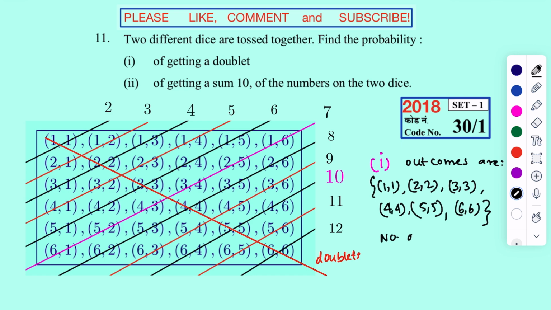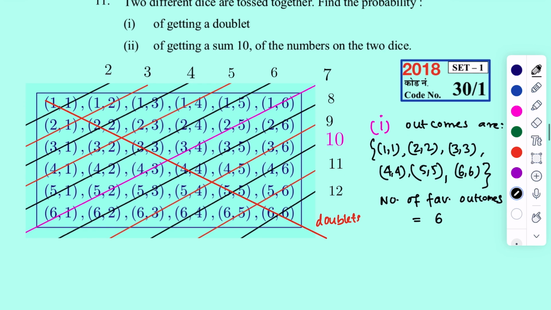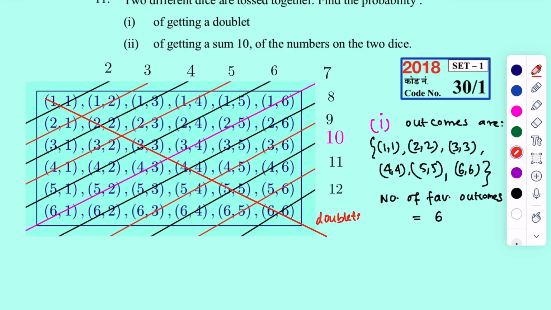So the number of favorable outcomes will be equal to 6. And here the total number of outcomes, if we toss 2 dice, then we will have a total of 36 combinations.